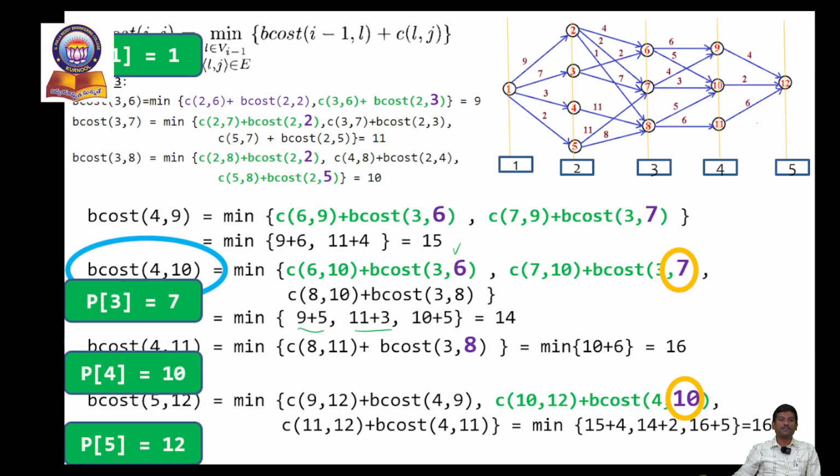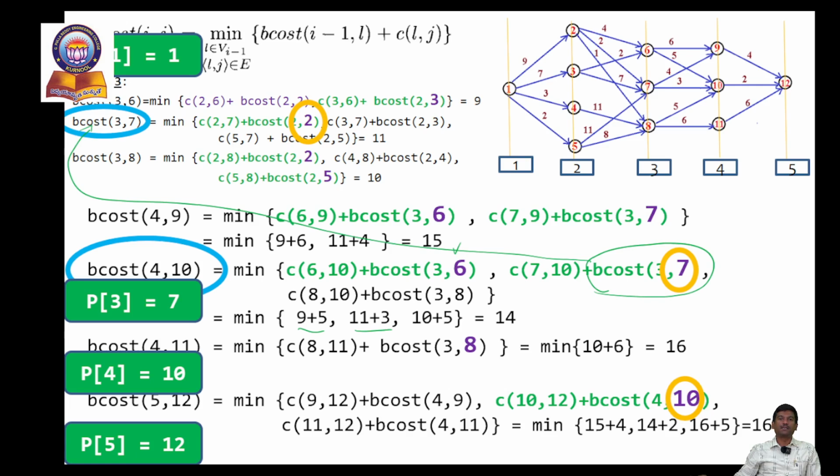That is P of 3 is equal to 7. So if you observe B cost of 3 comma 7, then observe what has led to the minimum in the B cost of 3 comma 7. Within your B cost of 3 comma 7, the minimum is equal to 11, with the path c of 2 comma 7 plus B cost of 2 comma 2 leading to the minimum.